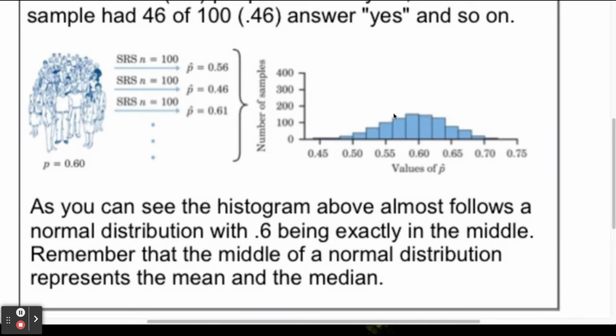That happened, with both bars combined, about 300 times. So even though each sample was different, it looks like a majority of them are falling in that 60% range.